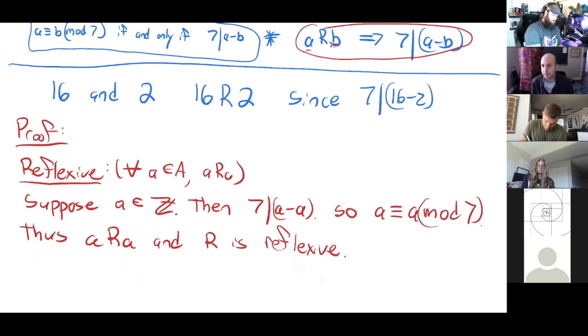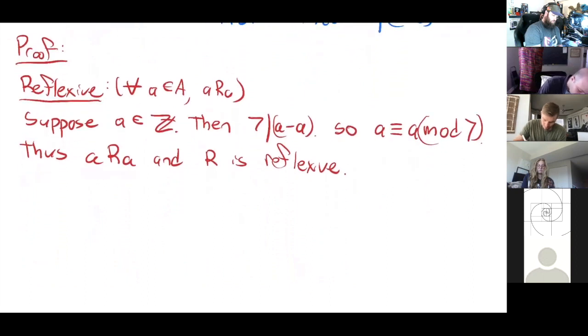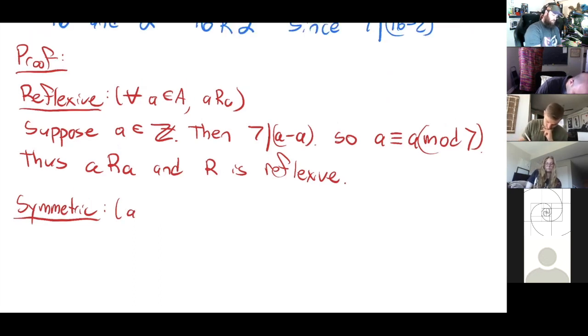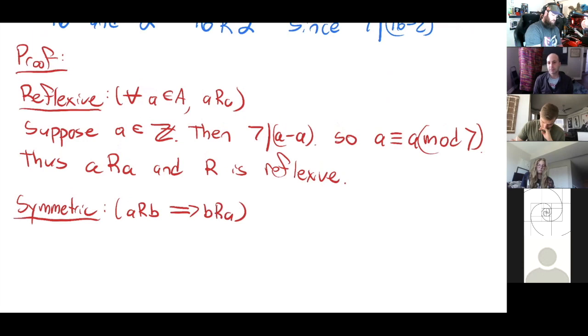Any questions? Okay, and for symmetric, this is saying that if A is related to B, that should imply that B is related to A. I'm a person that learns by writing things out. Sometimes writing this out just beats it into my head what it is that I'm trying to do with these steps.